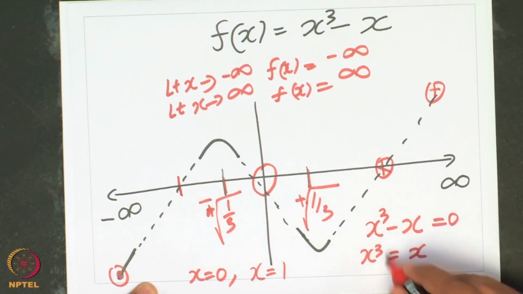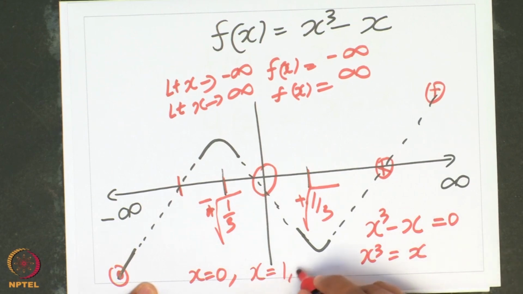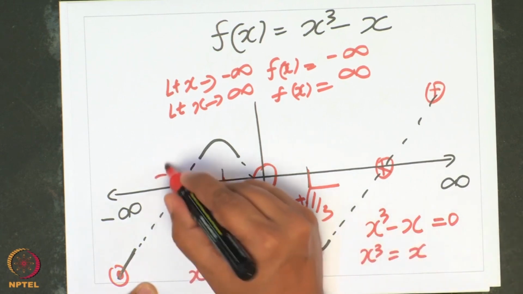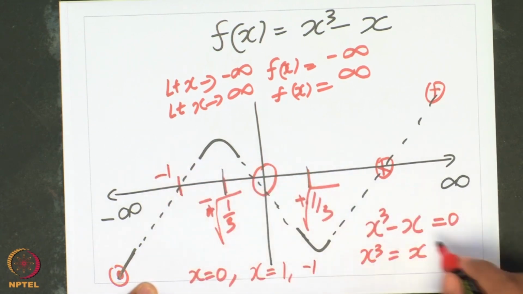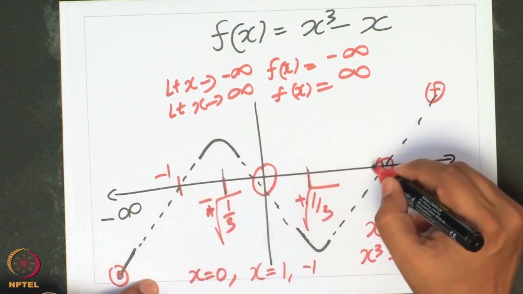One root is 0, the other roots are x square is equal to 1. So, x is equal to plus 1 and minus 1. If I cancel one x, this will be x square is equal to 1, and this will have minus 1 and plus 1.